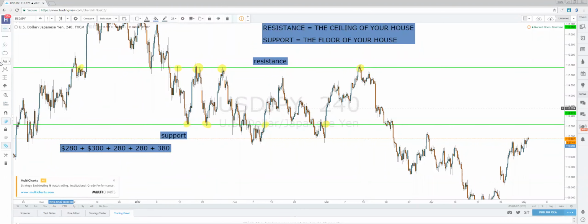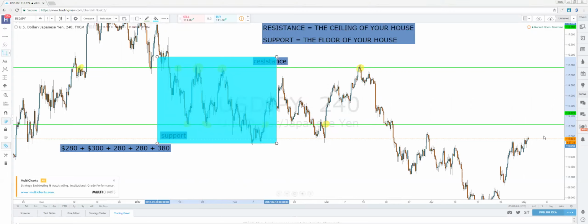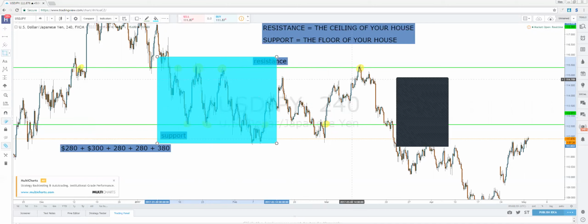Do you see that? Just on this movement alone, let's do some math: 280 plus 300 plus 280 plus 280 plus 380.